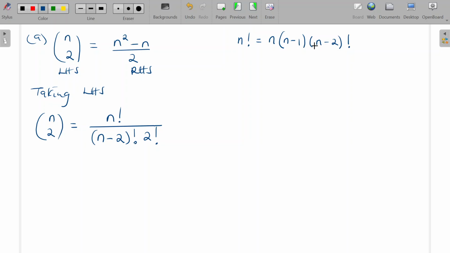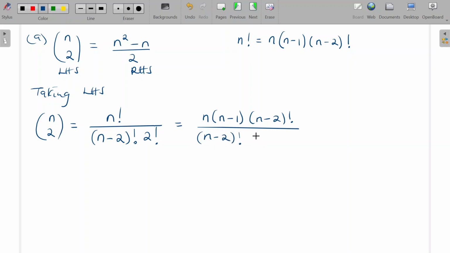So I'm going to end on n minus 2 factorial because at the bottom I have n minus 2 factorial. So it's going to be equal to n, n minus 1, n minus 2 factorial over n minus 2 factorial times 2 factorial, because this is the same as the n factorial.